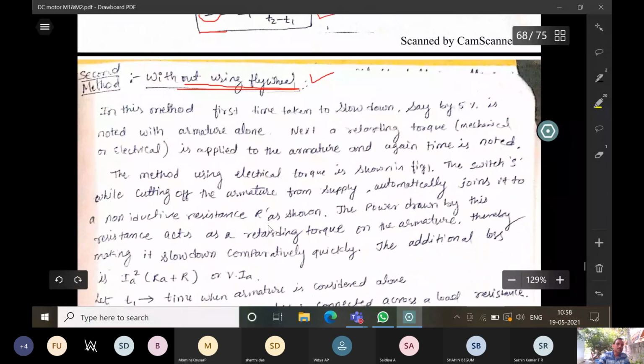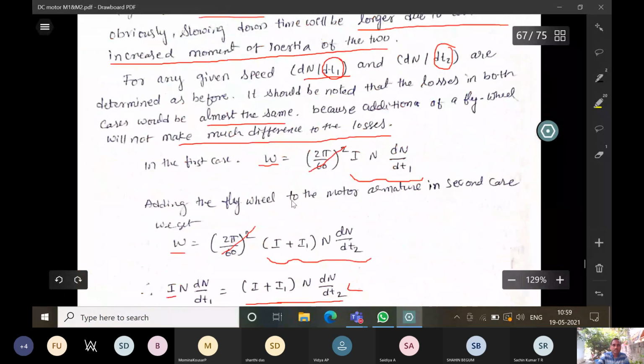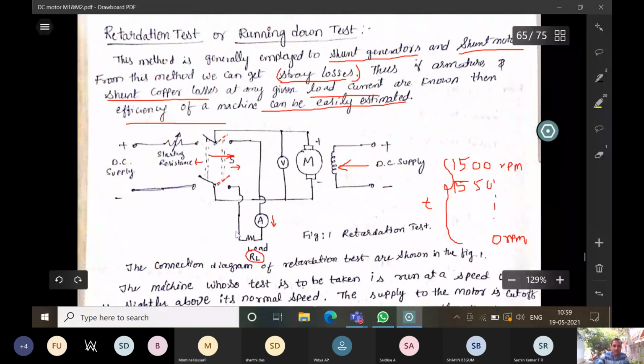In this method, first we take the slow down, say 5%, noted with the armature alone. Next, a retarding torque, a mechanical or electrical load, is applied in the circuit. This is the second method of finding the moment of inertia.